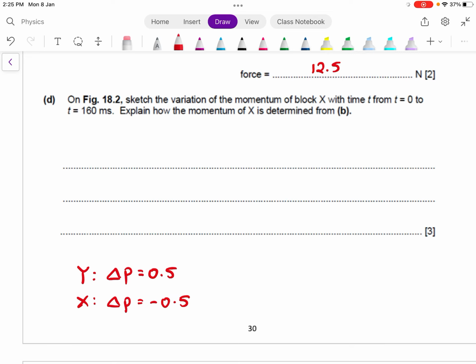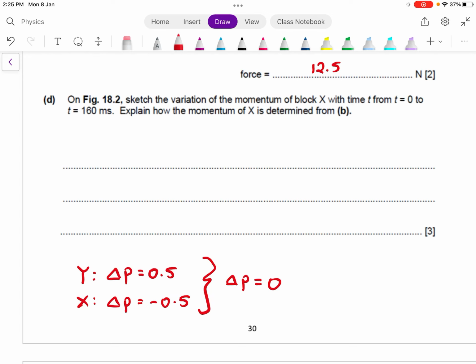So when I look at X and Y as a system as a whole, my change of momentum will be equal to 0. I believe 1 mark is the explanation, 2 marks is for the drawing of the graph.